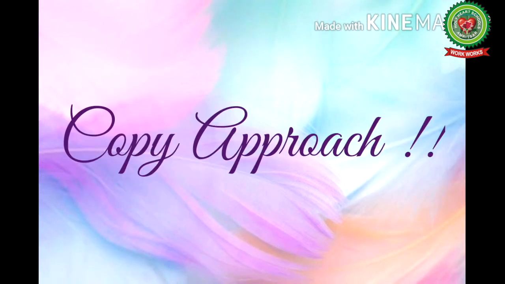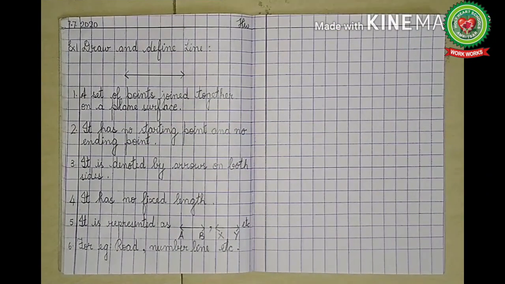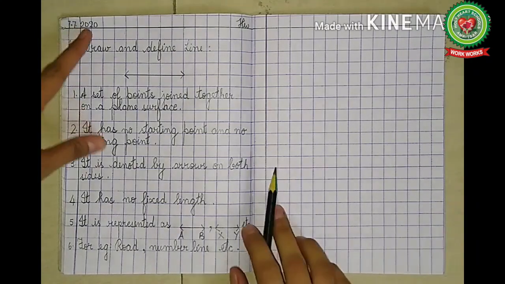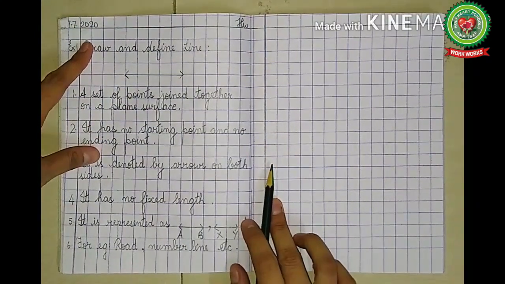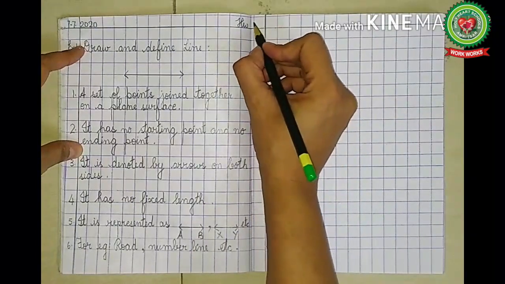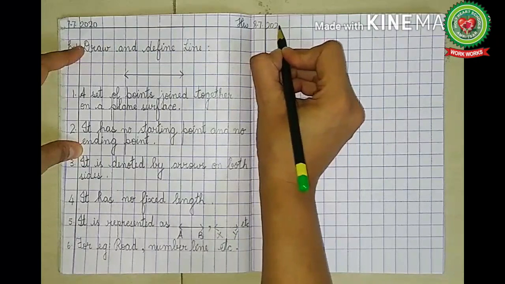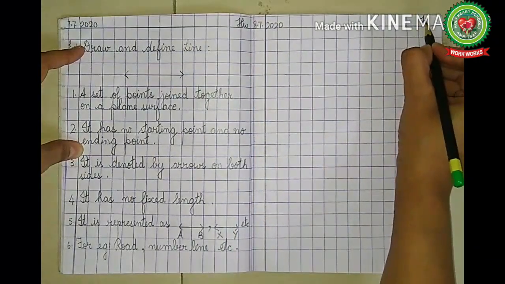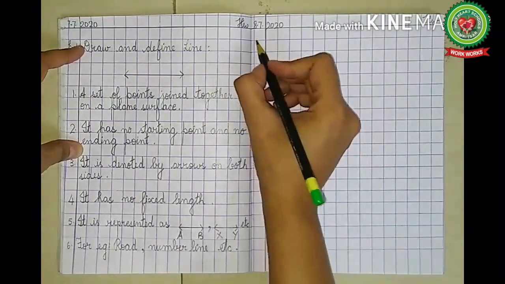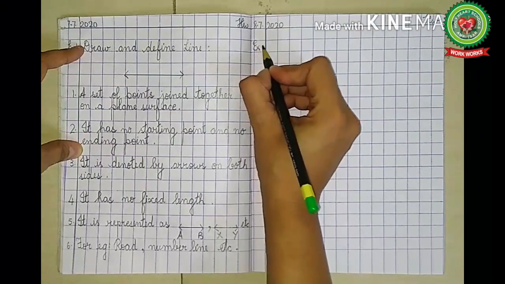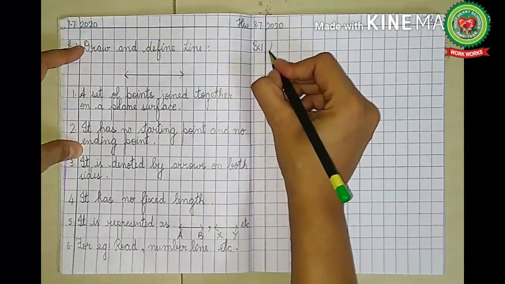Now let us see the copy approach of line segment. First of all, take a new page in your copy. Write down date. For example, date is 8 July 2020 and on right hand side you will write homework. Now leave one line. Exercise 1.